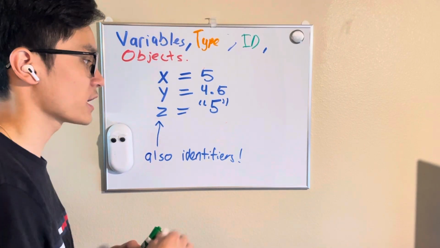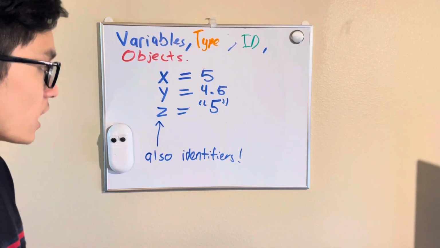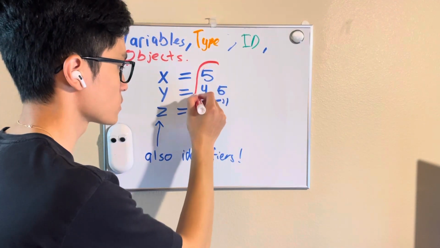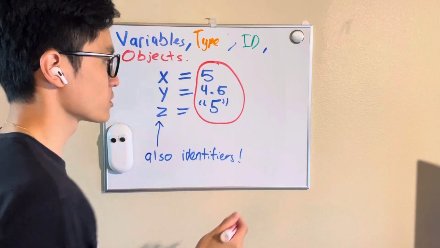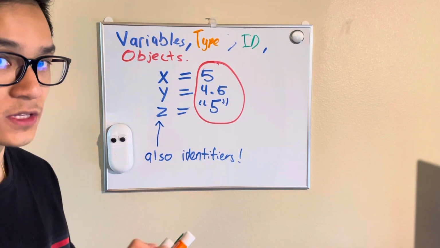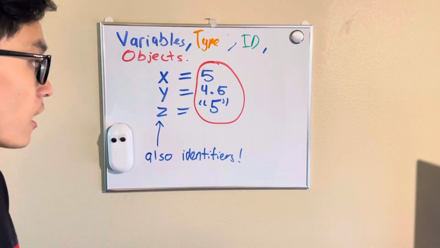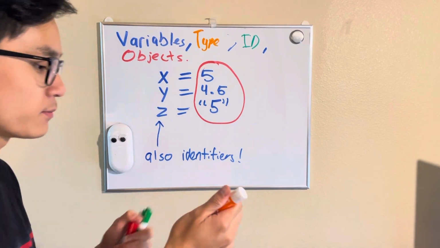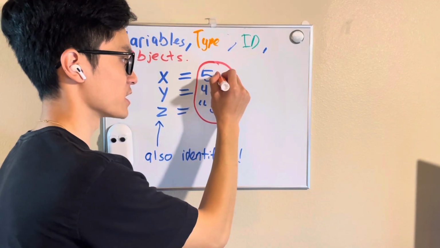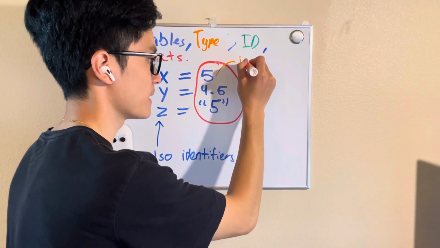And on the right side, right here, is objects. So all of these variables are pointing towards objects. So here we have an integer, a float, and a string. All of these are objects, and all of these objects have a type. Now in orange, I'm going to write down the type. The type of 5 right here is going to be int.